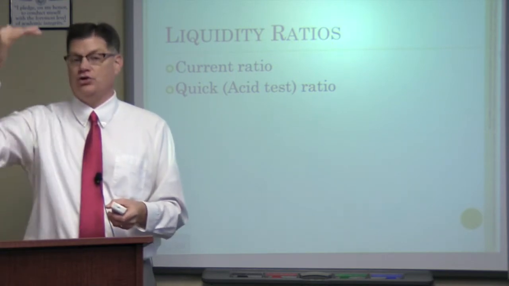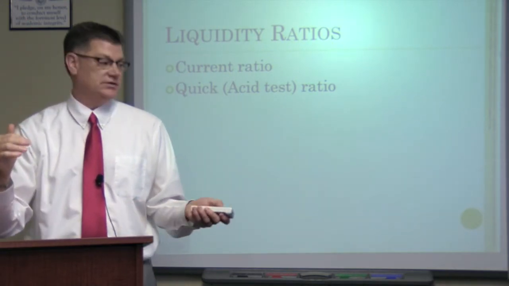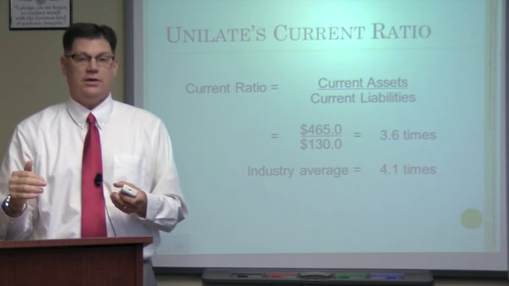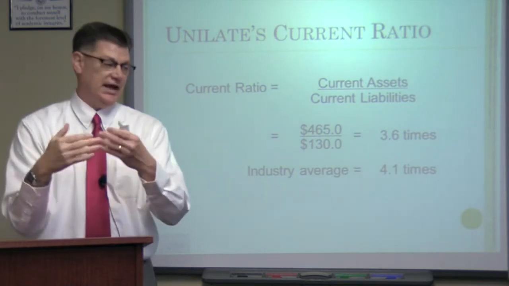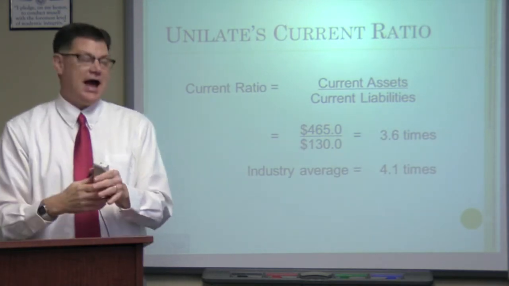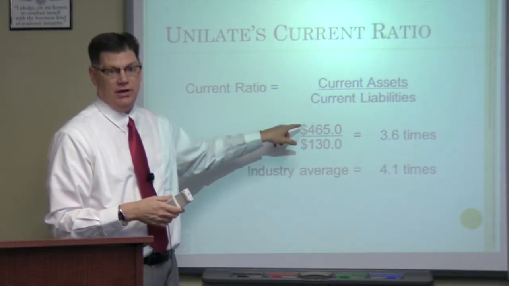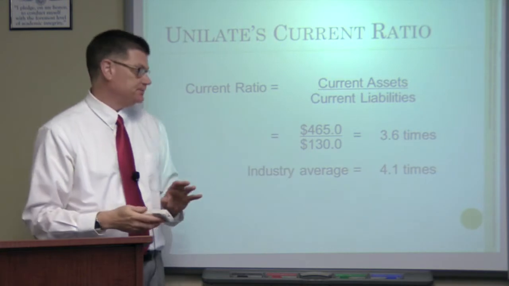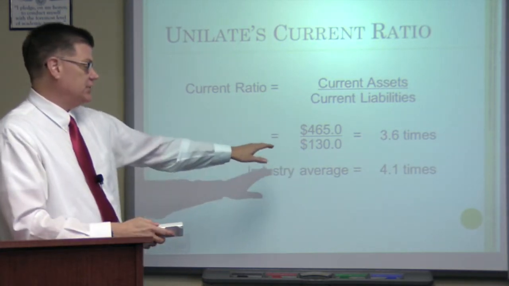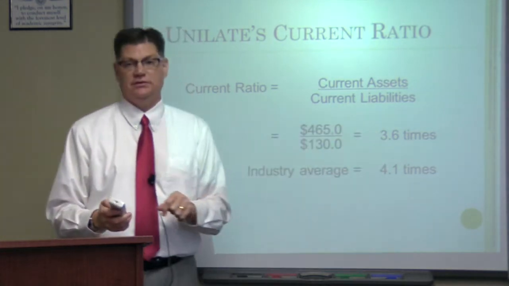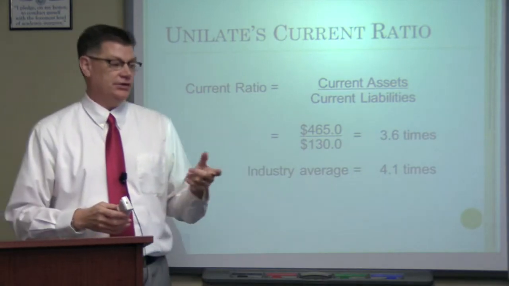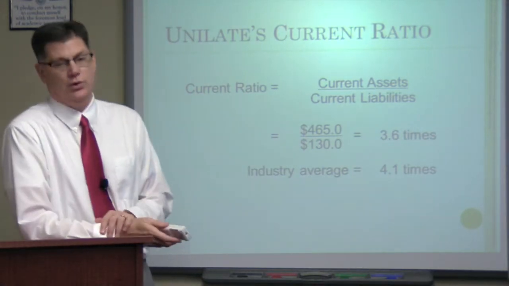The current ratio is current assets over current liabilities, and it's an indicator that says whether you are able to pay your debts and by how much. In this case, you look at the industry average and what Unilate can actually do. Unilate is 3.6 to 4.1.